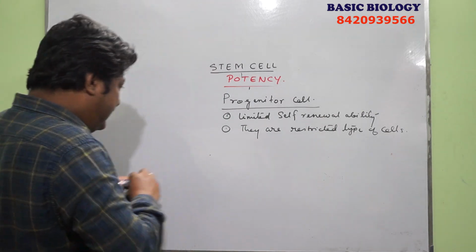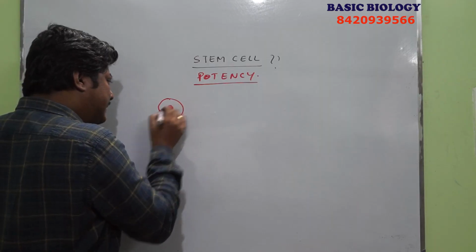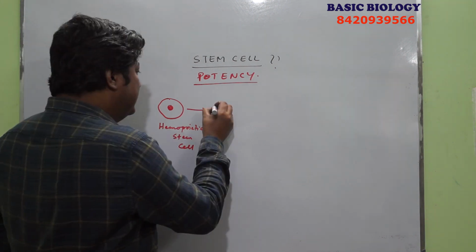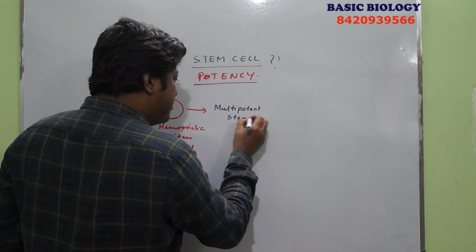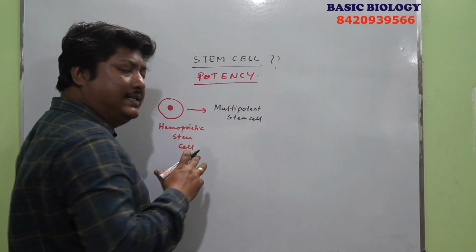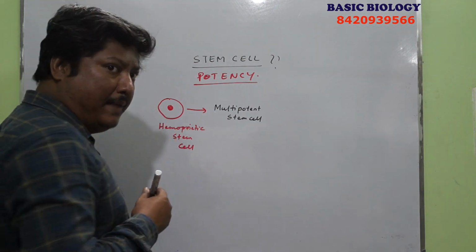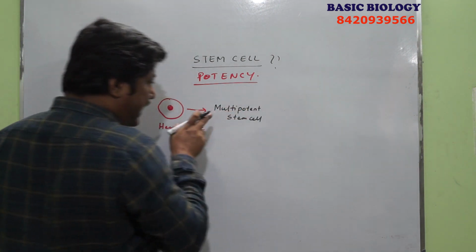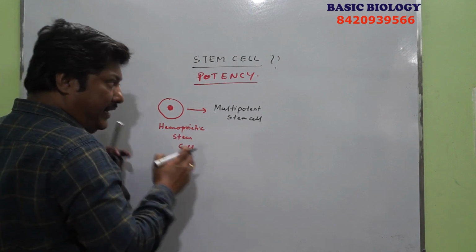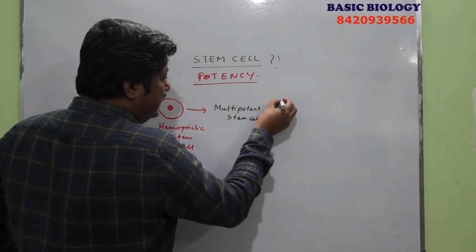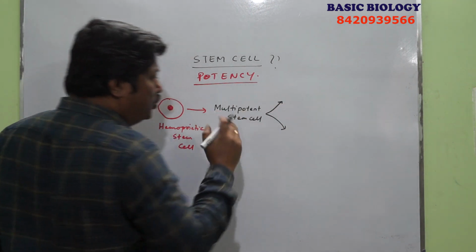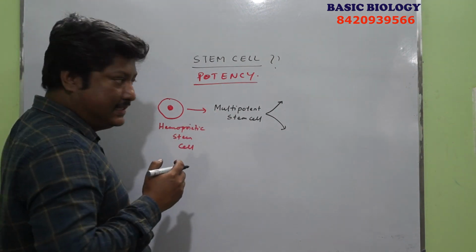Say for example, this is a hemopoietic stem cell. It is a multipotent stem cell located in a particular stem cell niche, that is the bone marrow. And these multipotent stem cells, when differentiated, give rise to two different types of progenitor cells.